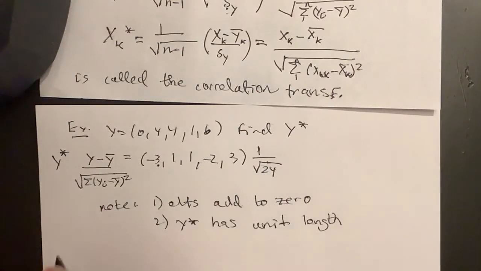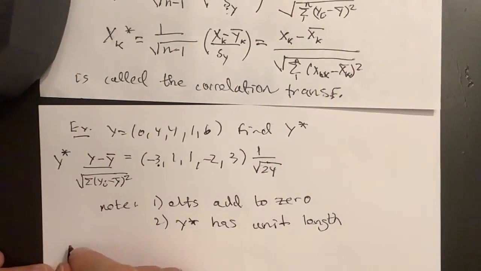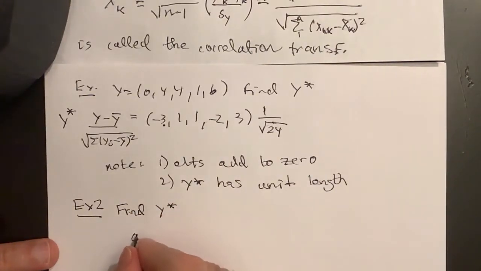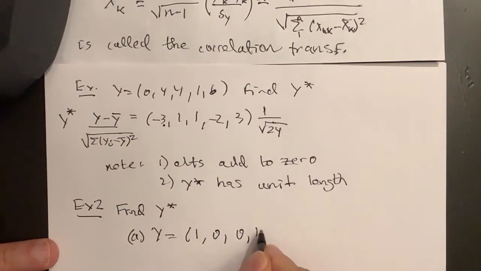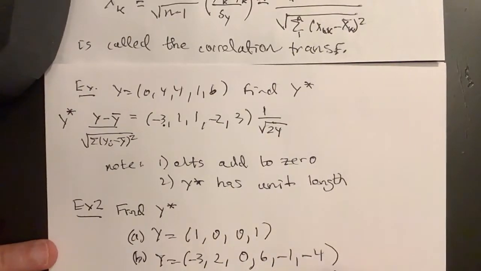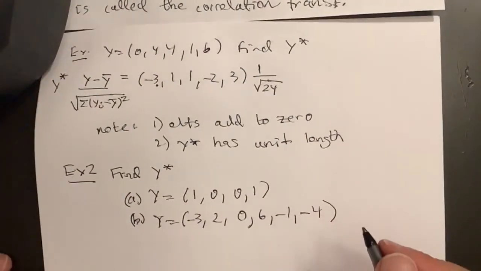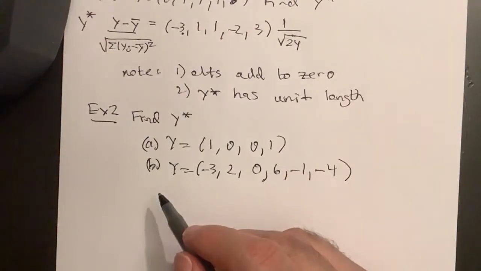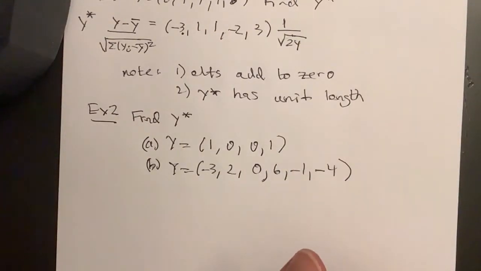So for you, let's do a couple practices. Example 2, find y star. Let's just do a couple examples. A: y equals 1, 0, 0, 1, and B: y equals -3, 2, 0, 6, -1, -4. When you get them, you should check: they should sum to 0, and they should be unit length.